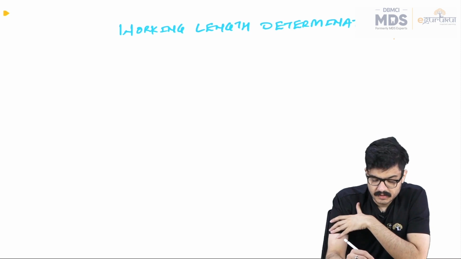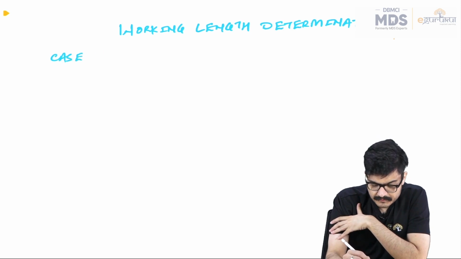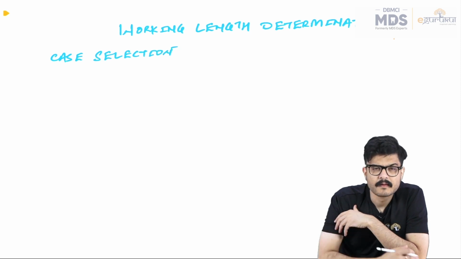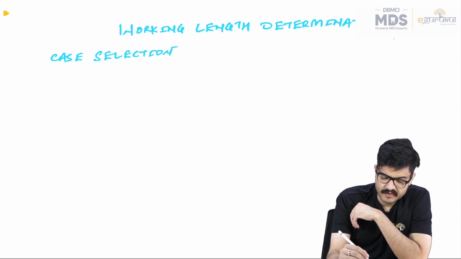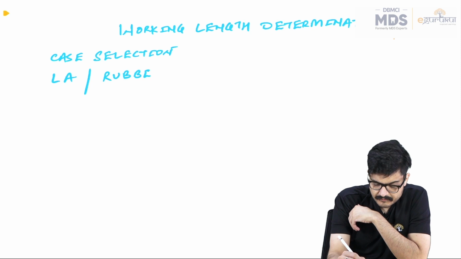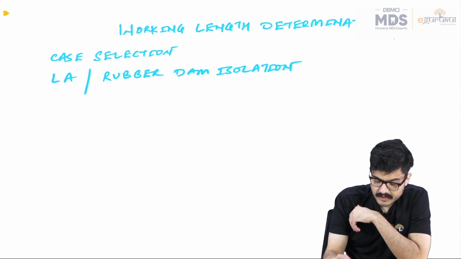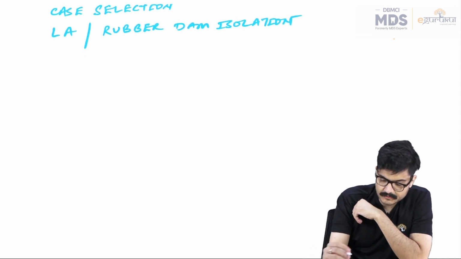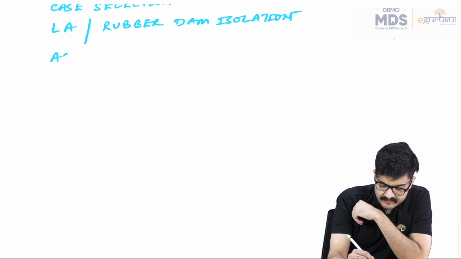We've done our case selection. We've given local anesthesia, rubber dam, isolation is done. Right? Then we have done our access cavity prep.